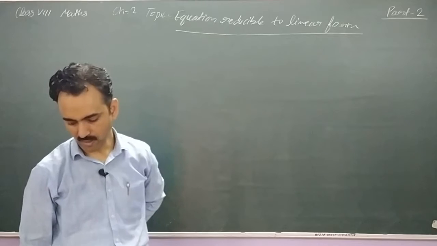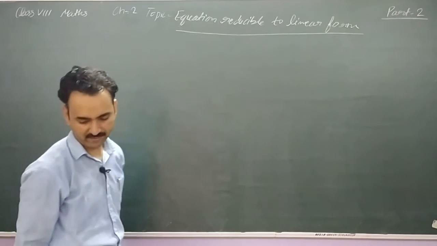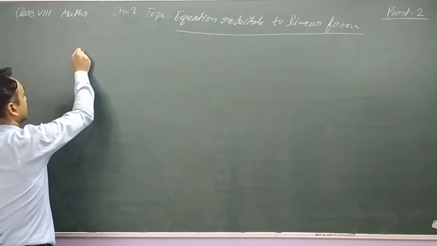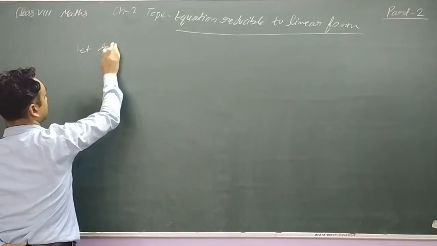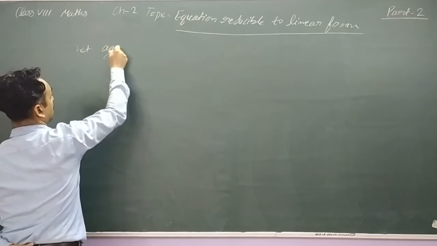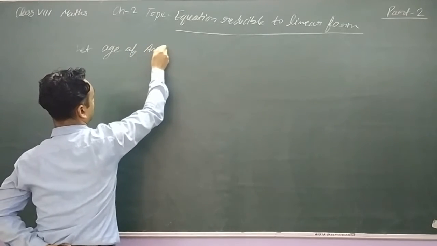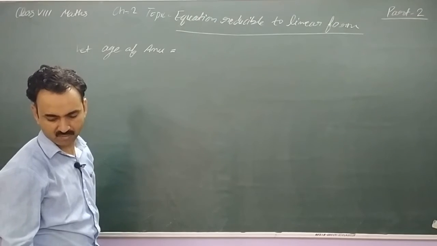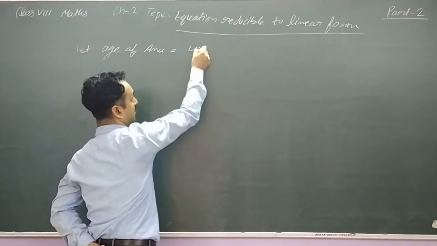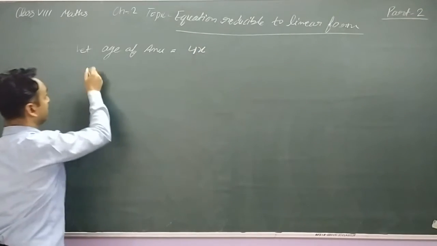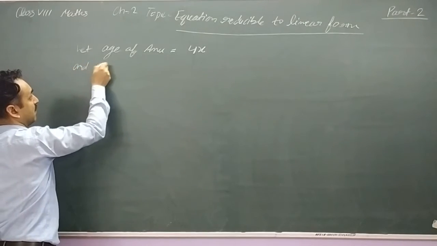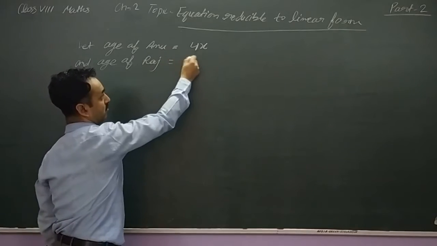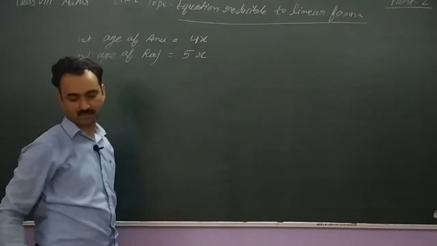Present ages of Anu and Raj are in the ratio 4:5. So what we can say, let the age of Anu equal 4x, because it is given 4:5, and the age of Raj equals 5x.